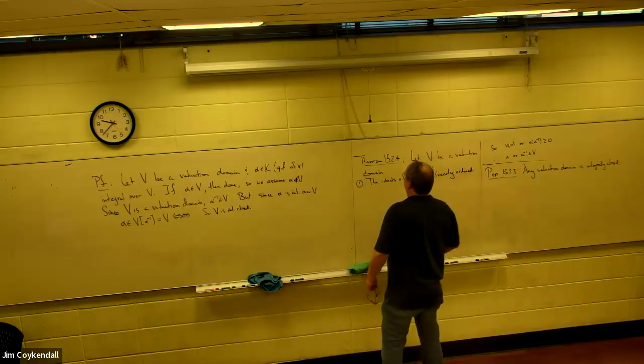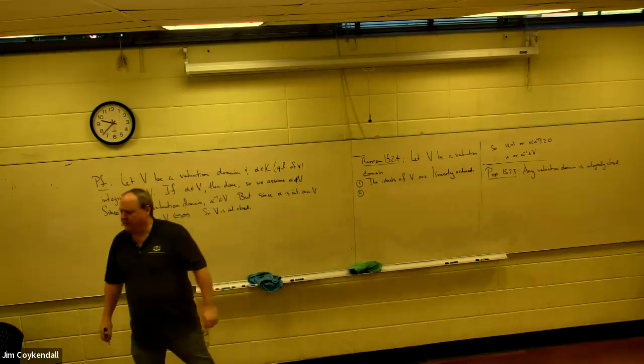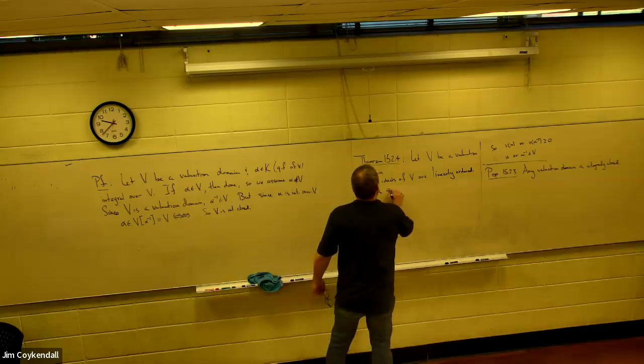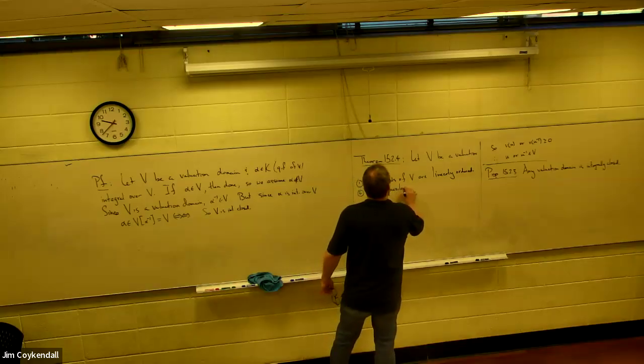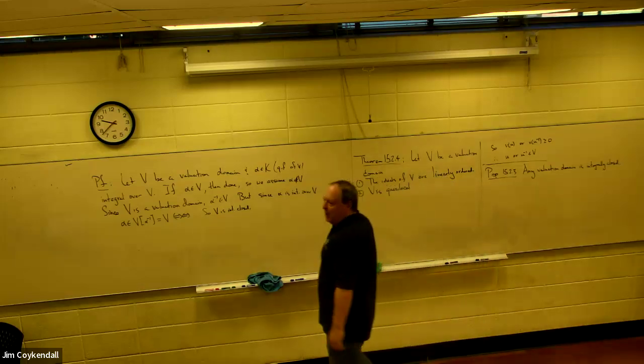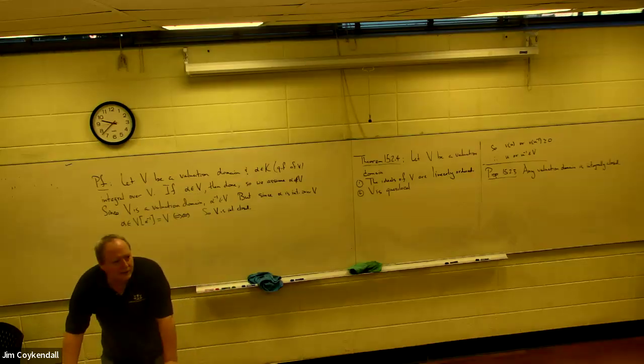So any two ideals are comparable. Number two, what else? Oh, this follows from this. V is quasi-local. Remember, what it means to be quasi-local is it's got one and only one maximal ideal.